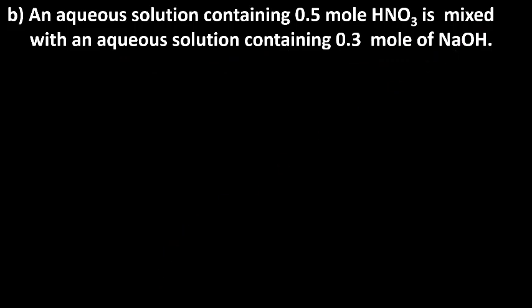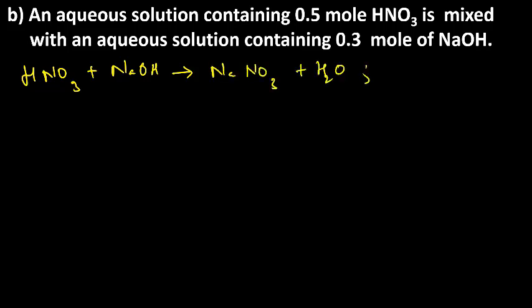So here, nitric acid plus NaOH gives NaNO3, sodium nitrate, plus water. Nitric acid is a strong acid and NaOH is a strong base. Therefore, delta H neutralization is equal to minus 57.1 kilojoule per mole.